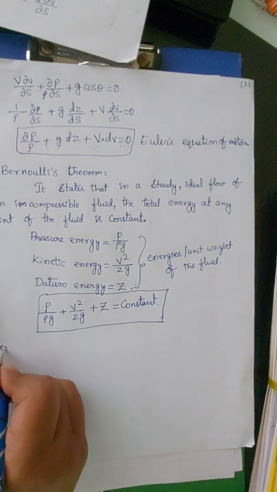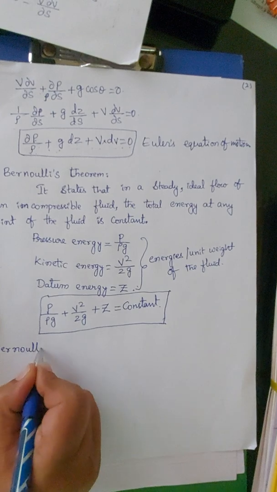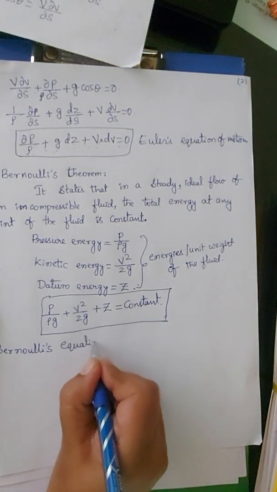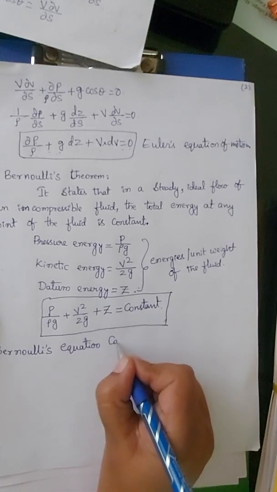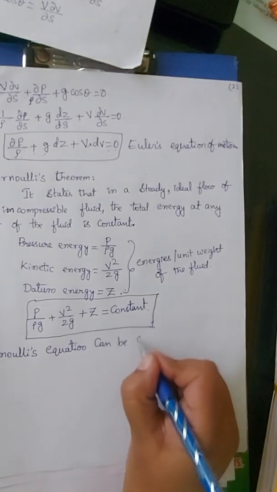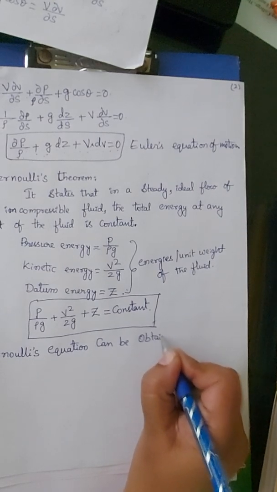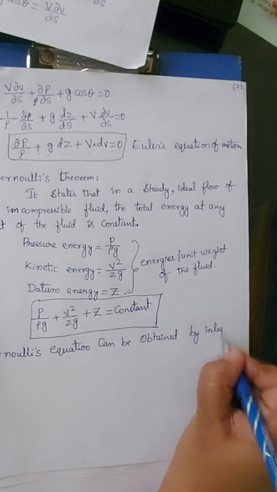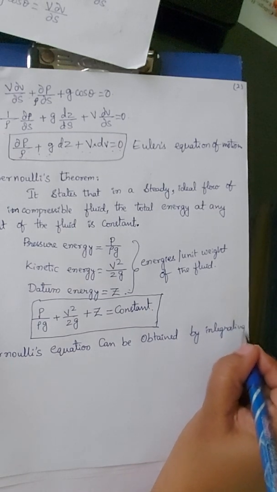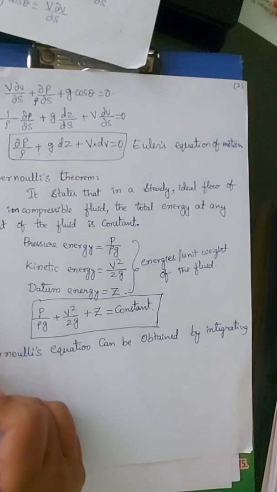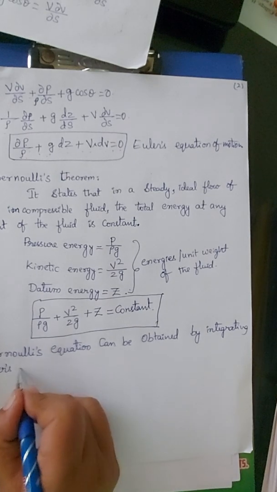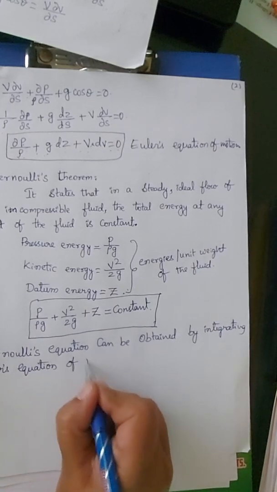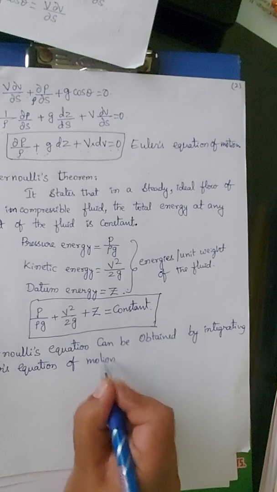Bernoulli's equation can be obtained by integrating Euler's equation of motion. Now what is Euler's equation of motion?